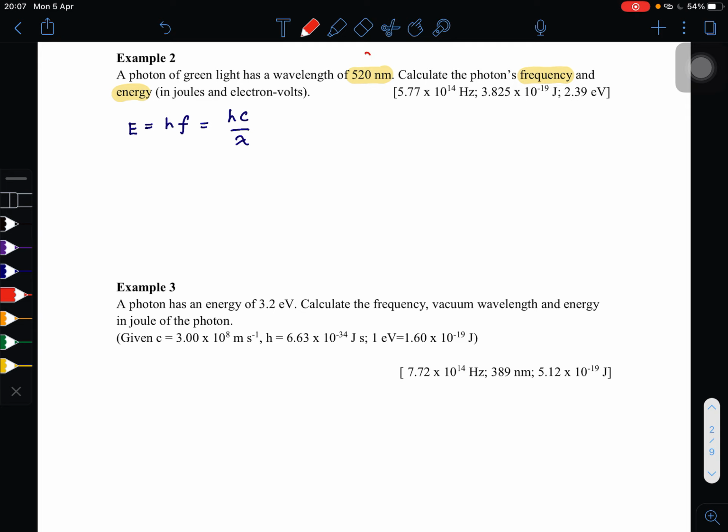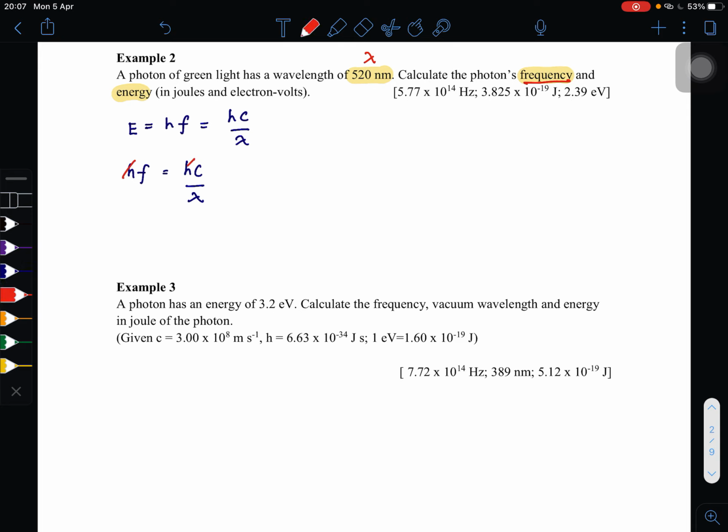So first kita boleh cari frequency. How to find frequency? Since kita ada dekat sini this one, right? We want to find, since we are given this one, so we can find using this formula. So HF is equal to HC over lambda.